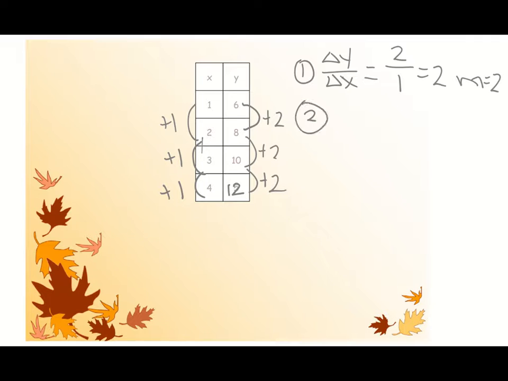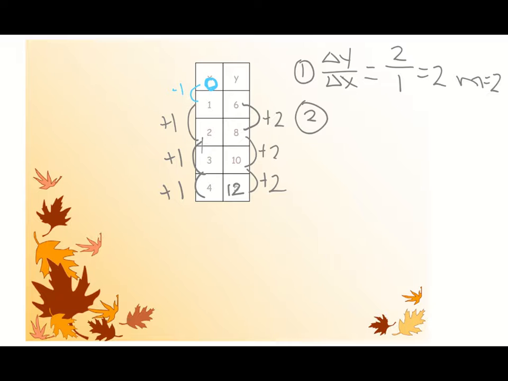Now on this one, when you look at the table, you might see that there isn't a spot where x is equal to 0. Sometimes this happens and you have to use the pattern of the table to help you figure it out. I would have to go backwards 1 in the table to get to 0.